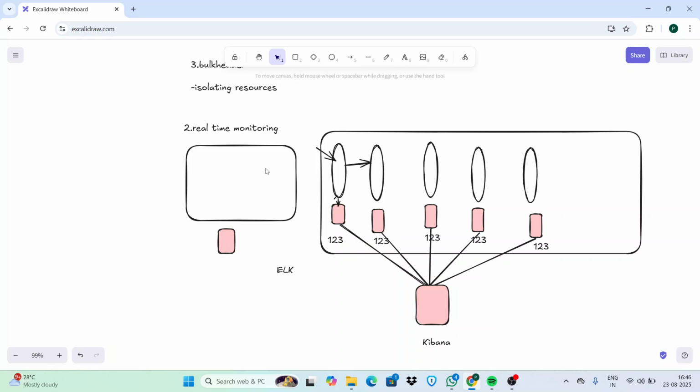Real time monitoring means there is some way to monitor the metrics, that means the CPU, memory, custom business metrics, so that if scaling is needed, or a problem is coming inside the metrics, then we can scale the system.